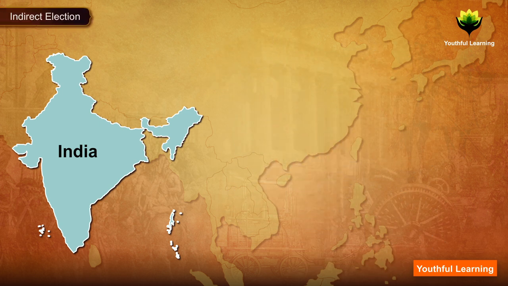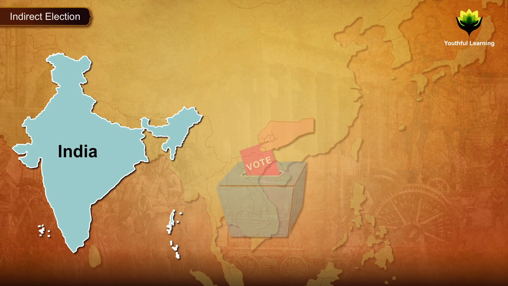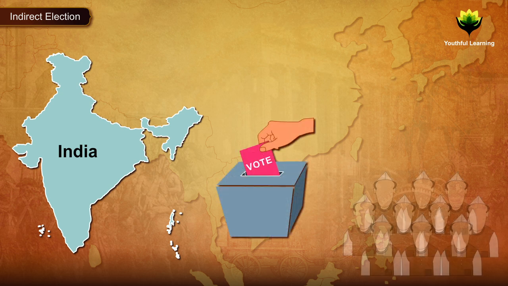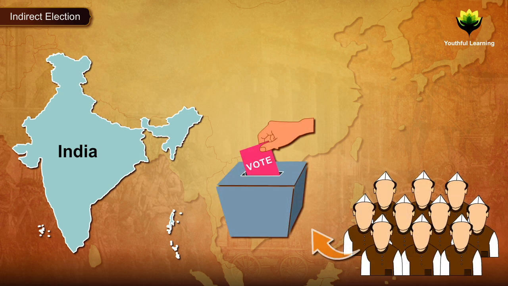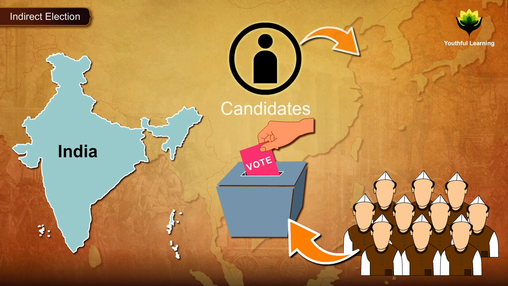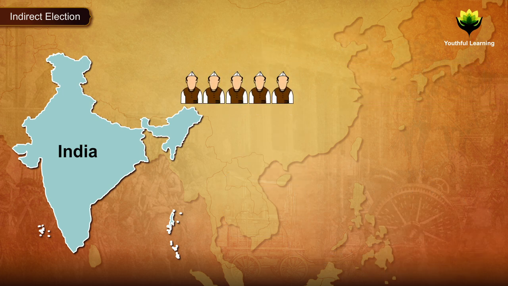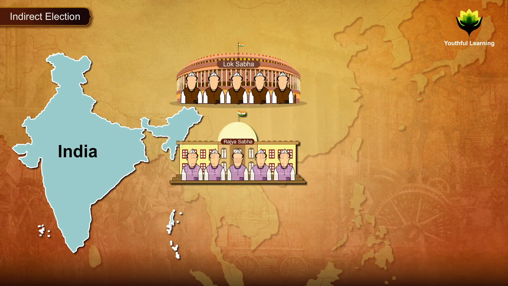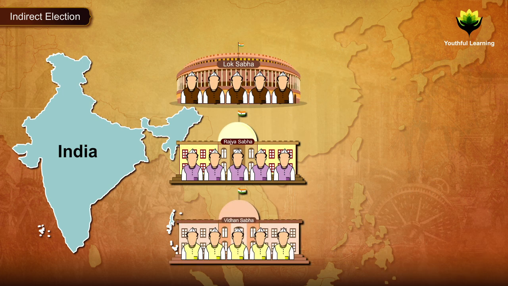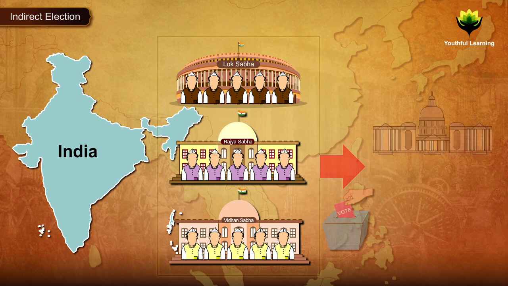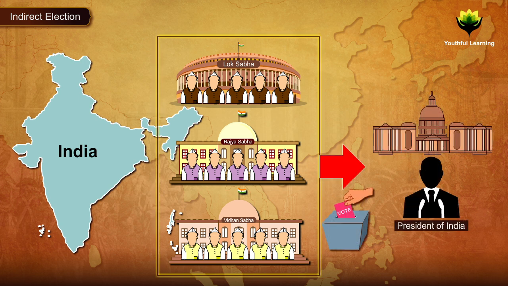Indirect election. In an indirect election, the elected members vote to elect a candidate to a public office. For example, the elected members of the Lok Sabha, Rajya Sabha and Vidhan Sabha, that is, State Legislative Assembly, vote to elect the President of India.